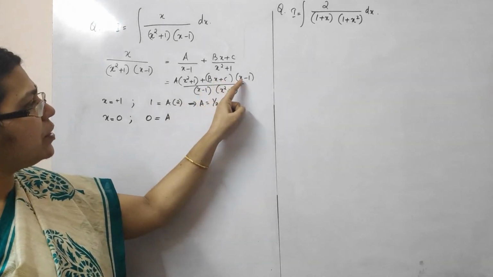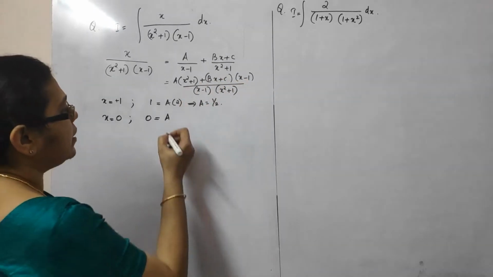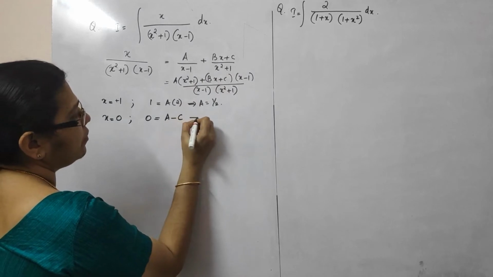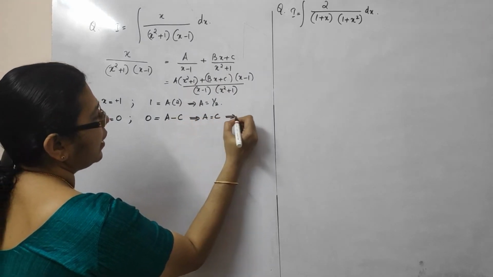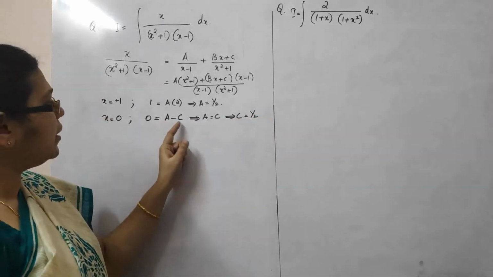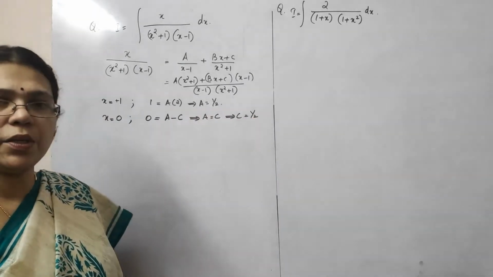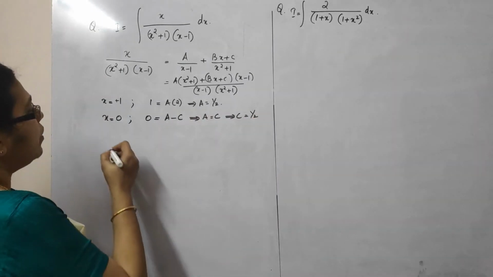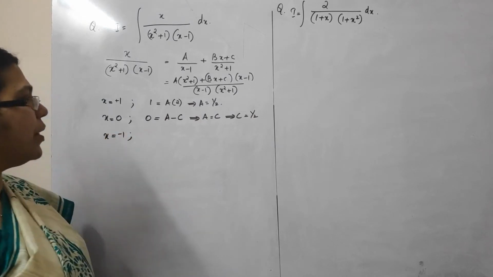C into 0 minus 1, that is minus of 1 into C. That is, I get this as minus of C, which implies A is equal to C, that is C is also equal to 1 by 2.